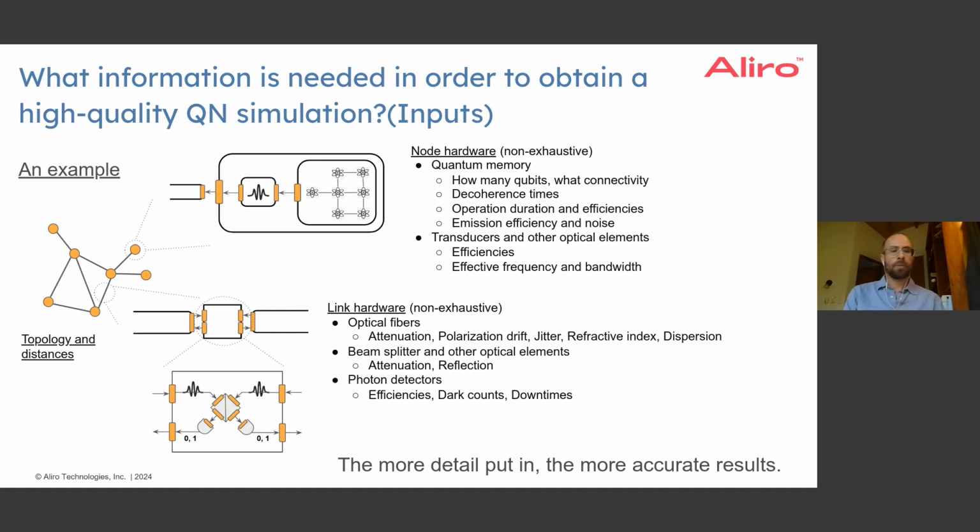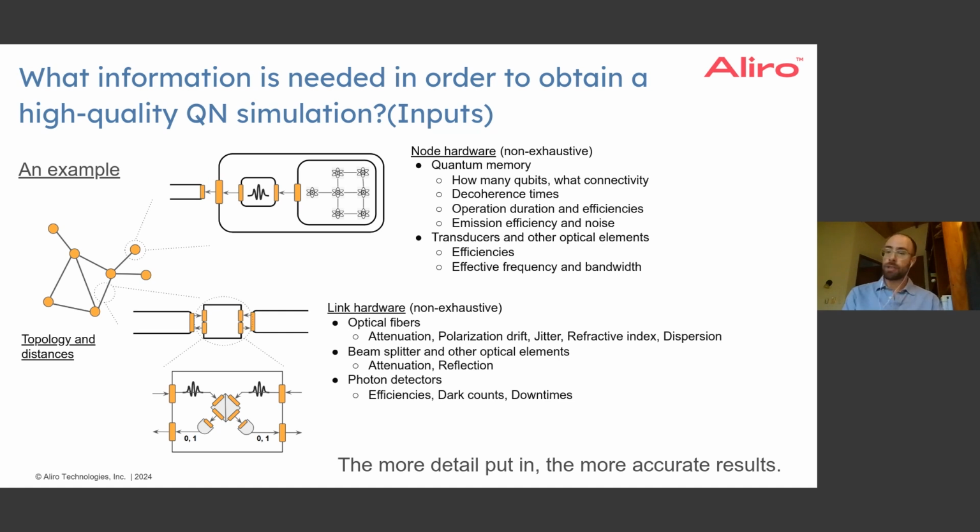In terms of the hardware that you need to know in this case, in your nodes you have your memory and your transducers, and the characterization of these might include, in your memory, obviously how many qubits it has, what the connectivity of those qubits is, i.e. which qubits can interact with each other, what the decoherence times of these qubits are, because we can't store quantum information for very long often.